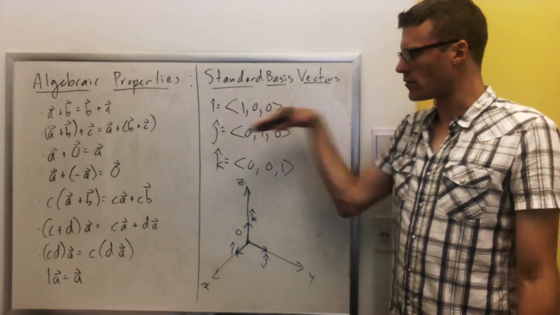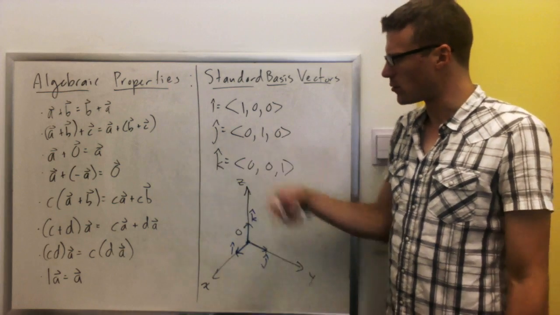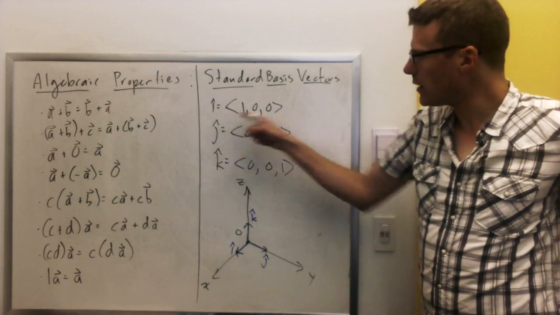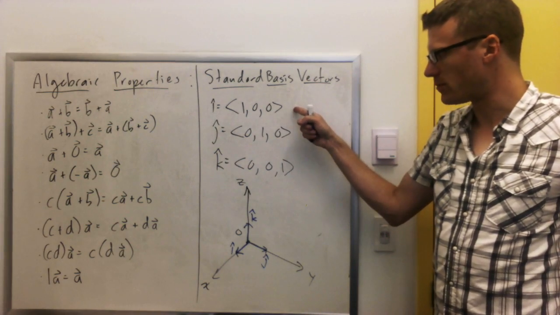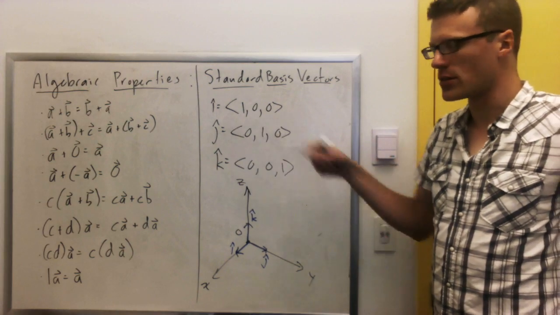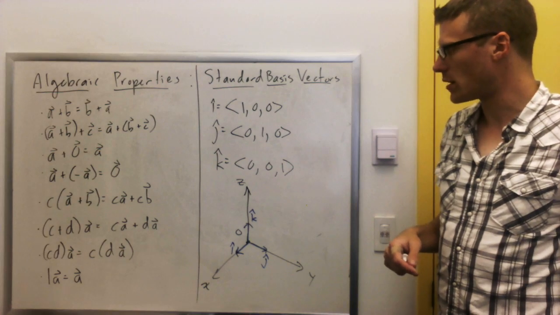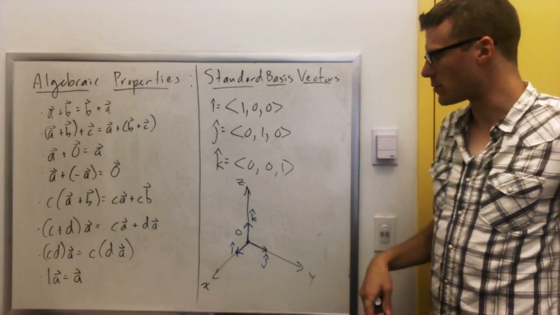But you can put a vector sign over it, or you can write them out in bold. So i is the standard basis vector in the x direction. It's 1 in the x direction and 0 and 0 in the other two. j is the standard basis vector in the y direction, 1 in the y direction, 0 in the others. k is the same thing for the z direction.